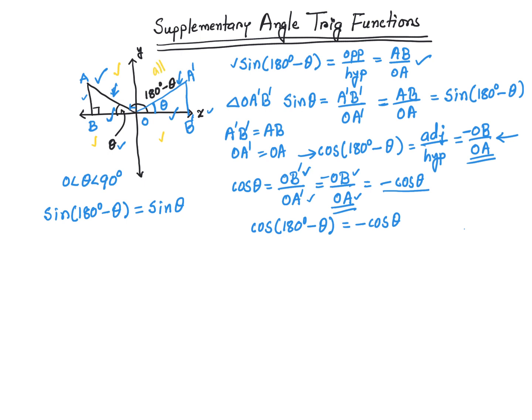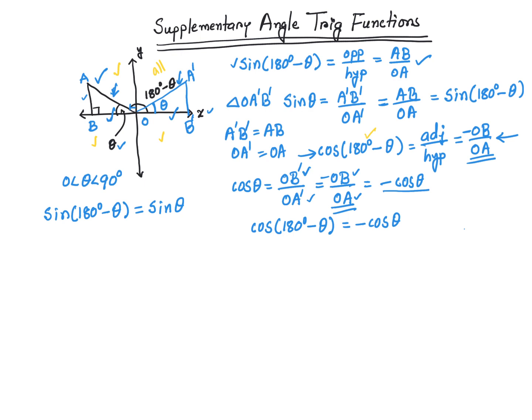You know the sentence "All Students Take Calculus," so that tells you the signs of different trig functions in different quadrants. So we could have derived this very easily. Cosine of 180 degrees minus theta is cosine theta, but it has to be negative because it's in the second quadrant.